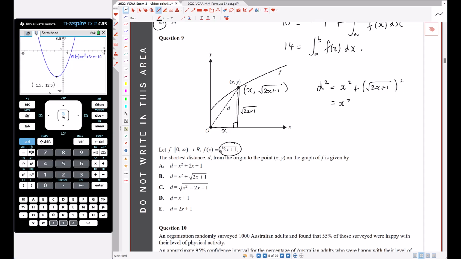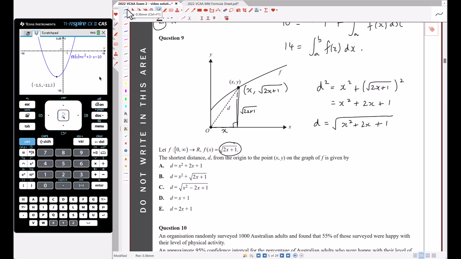And so therefore it is x squared plus 2x plus 1. And therefore d will be the square root, only the positive square root because it's a distance. It will be that value. Okay, so that expression there that we've just found is the expression for the distance for any value of x. So now we actually want the shortest distance.